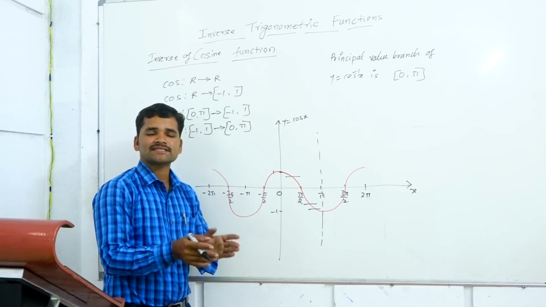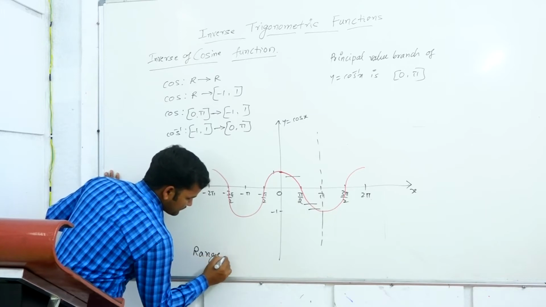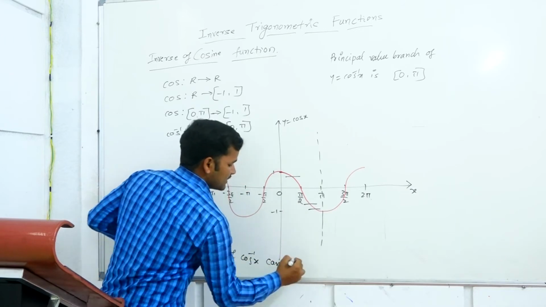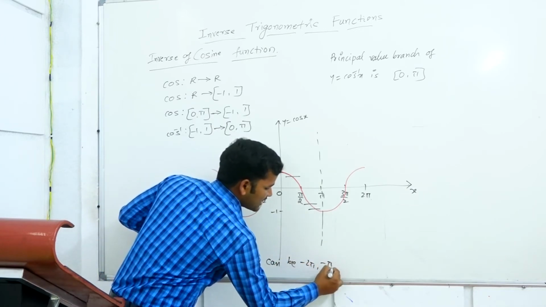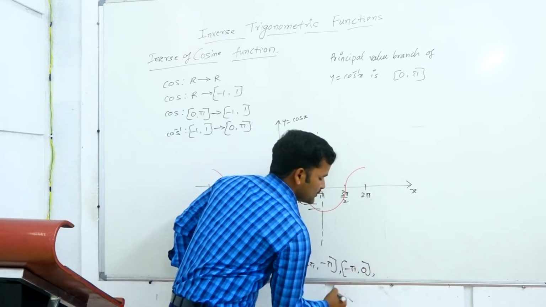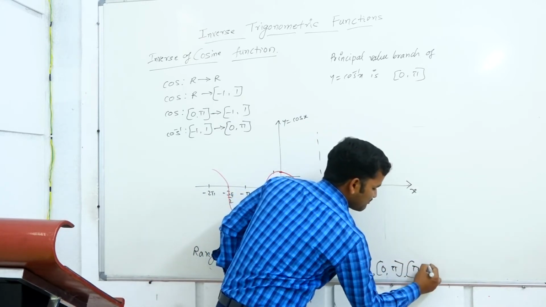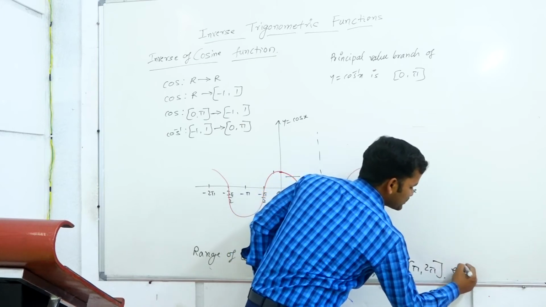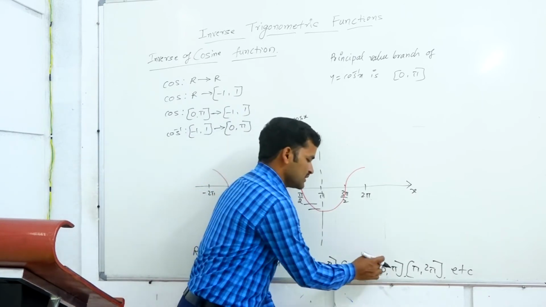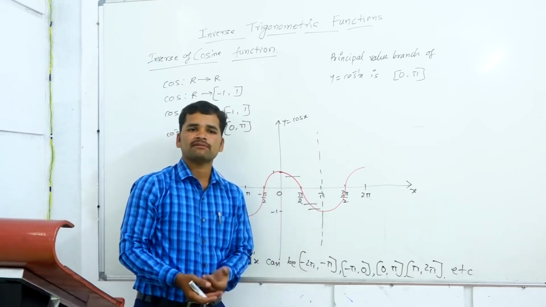Any interval you can consider such that the given function is 1-1. Means the range of cos inverse of x can be minus 2 pi to minus pi, closed interval minus pi to 0, 0 to pi, and also pi to 2 pi, 2 pi to 3 pi. Many intervals we can write, but among these, the closed interval 0 to pi is called the principal value branch.